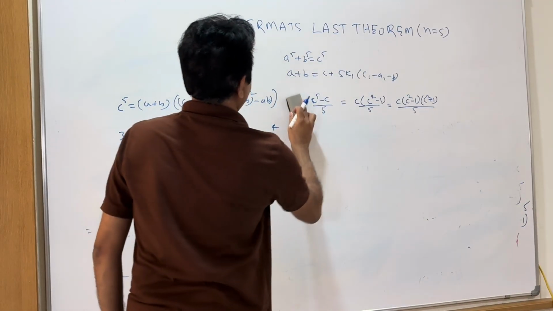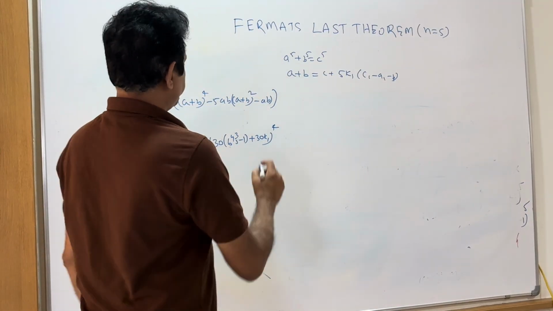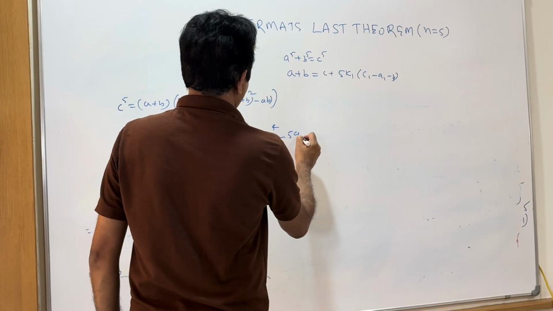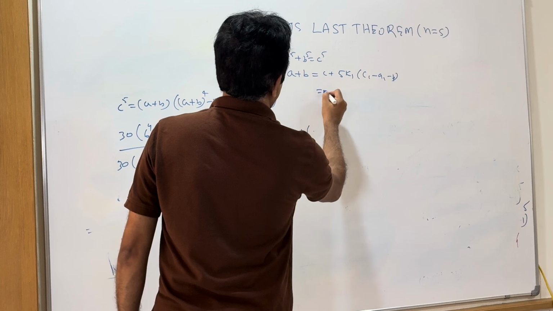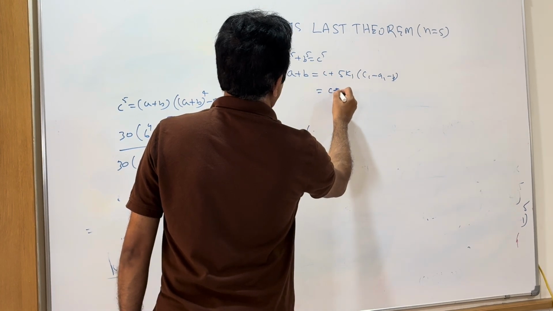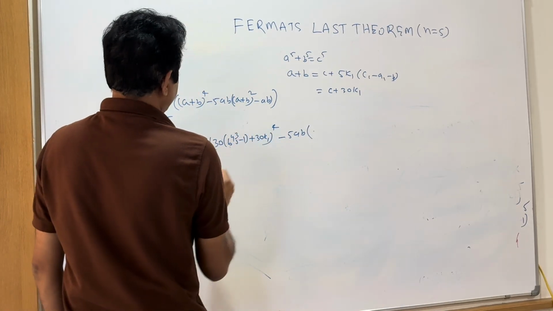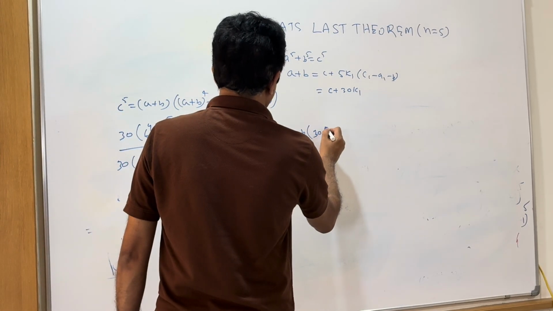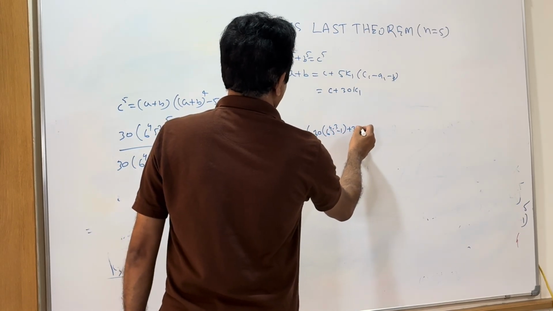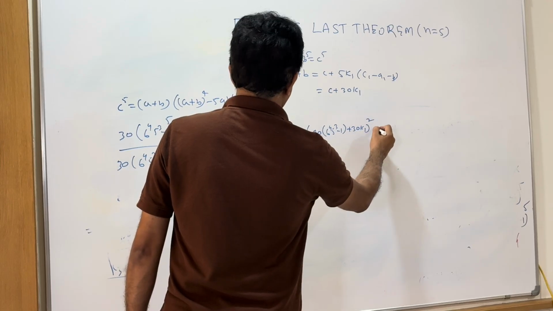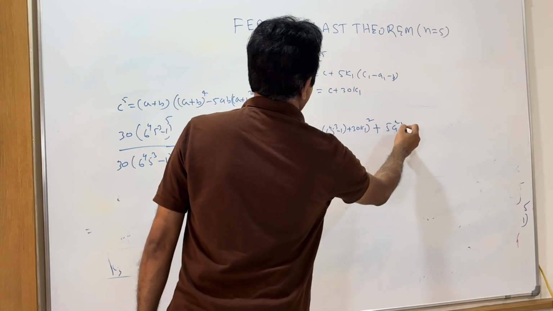So A plus B power 4 minus 5AB into A plus B whole square, where A plus B is equal to C plus 30 K1 in this case. Okay, so 5AB into A plus B whole square, 6 power 4, 5 cube minus 1 plus 30 K1 square minus AB.